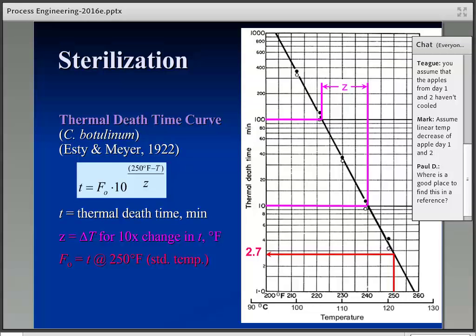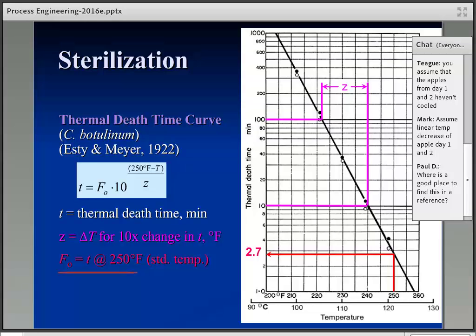F naught is defined as the time at 250 degrees, the standard temperature. So if you read off the chart at 250 degrees, the time required to kill the organisms there is 2.7 in this case. And this is the botch organism, so I think 2.7 must be the F naught for that.